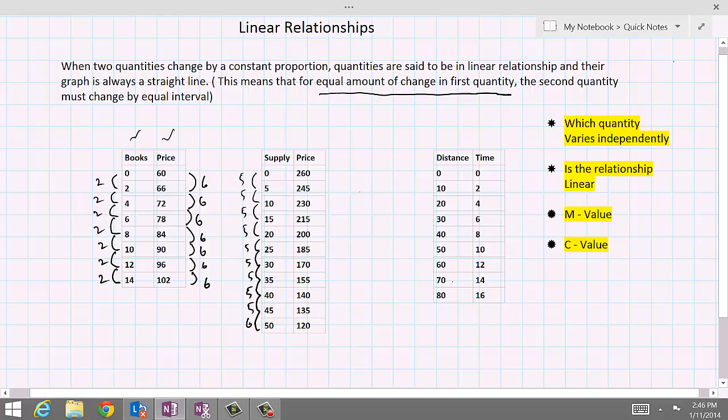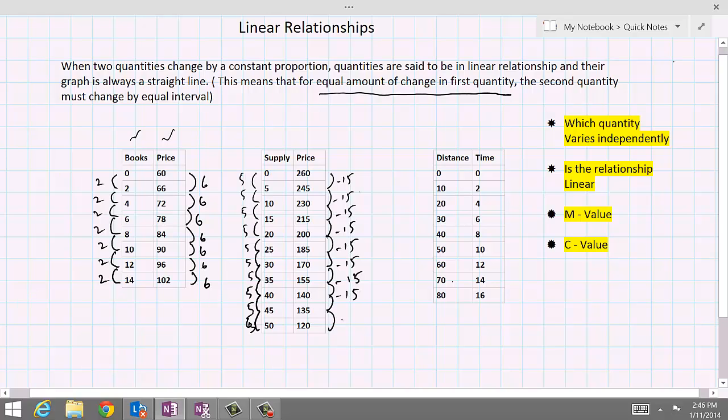For every change of 5 units in the first, there is a decrease of 15 units in the values of the second variable, and you can see that this decrease is also constant. Every time for a 5-unit increase in the first, there is a decrease of 15 in the second quantity. This also perfectly fits the definition of two quantities being linear.